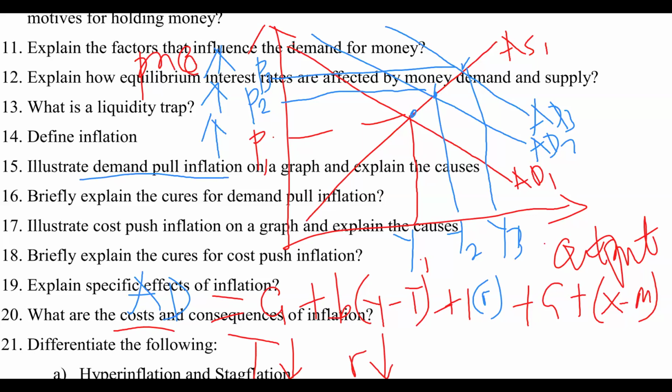Then increase in government expenditure. If the government opts to increase their expenditure, holding other factors constant, aggregate demand will increase, and that will spike the prices. And then increase in exports.